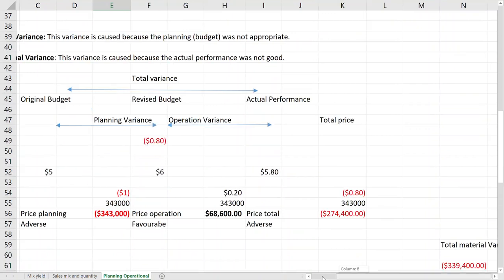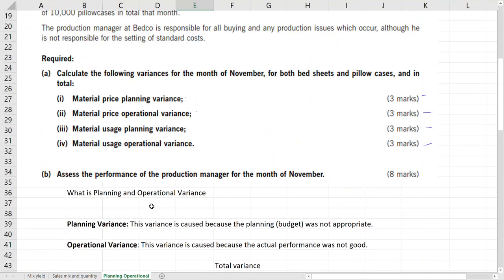So they said here, assess the performance of the production manager for the month of November. Okay?